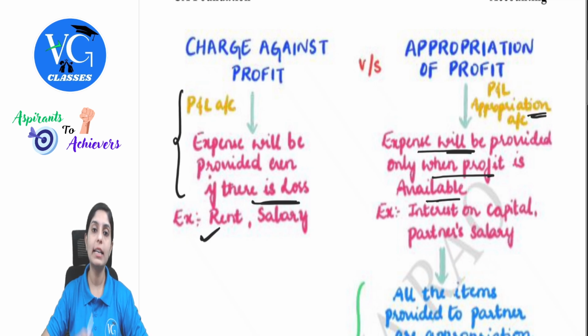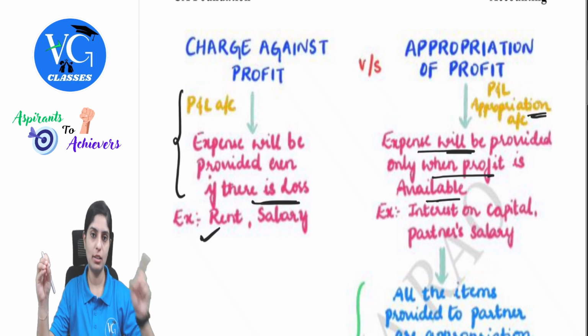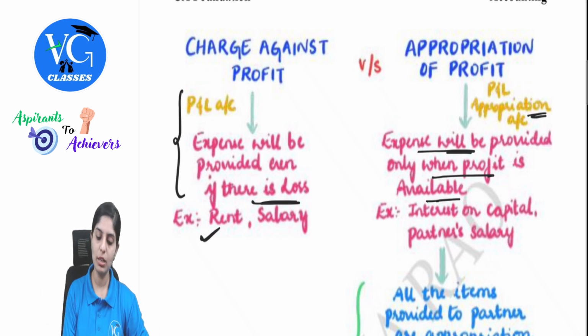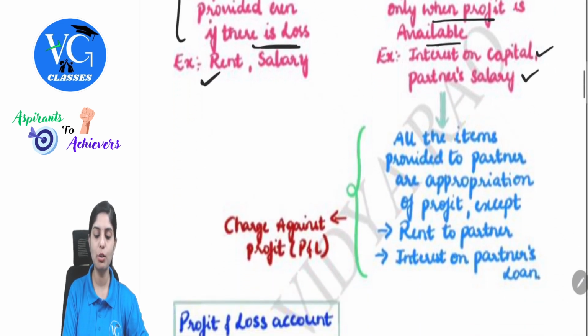So what they decide here is, if the profit is available we will appropriate, if it is not available then it is not possible, unlike charge against profit. Some examples for this are interest on partners' capital and partners' salary, but there is one exception to this. All the items provided to partner is appropriation of profit except rent to partner and interest on partner's loan.